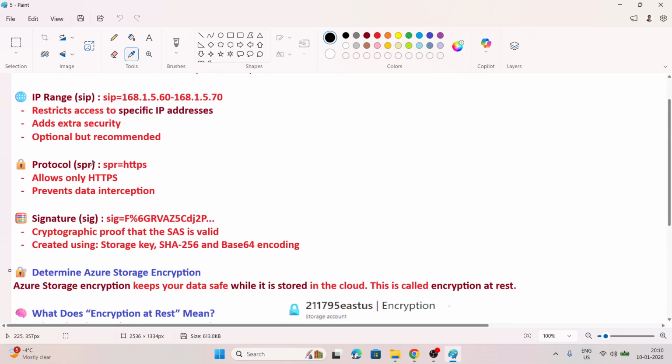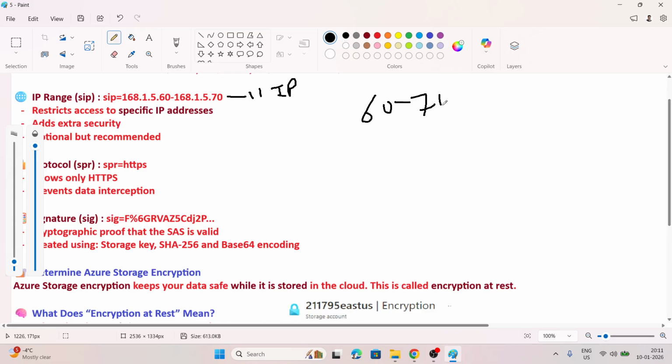Now protocol, like SPR equal to https. I apologize, it's 11 IP addresses that get the access, not 12. There was some mistake in my calculation. It means the IPs from 60 to 70, 168.1.5.60 to 70.